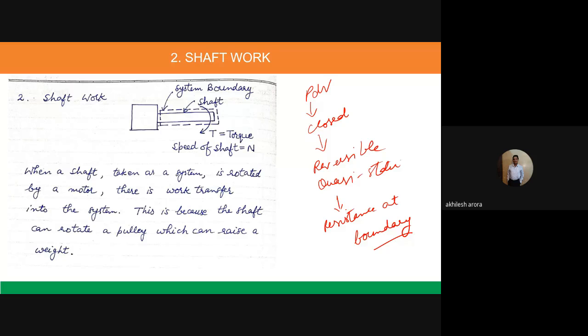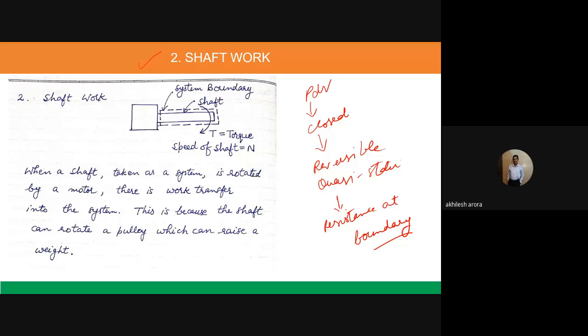Now there is another type of work which is known as shaft work. I hope all of you understand the term shaft. A shaft is basically a cylindrical section which is a rotating part. You must have seen a fan motor. There is a shaft which comes out from the fan motor, and that shaft is actually rotating.